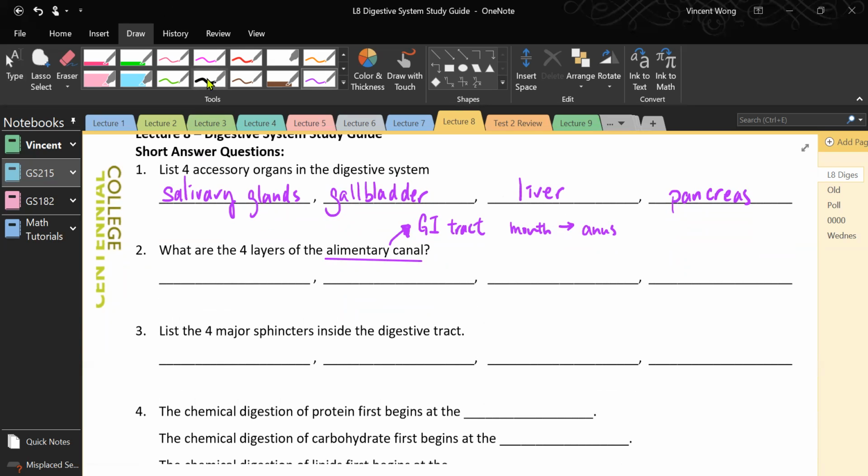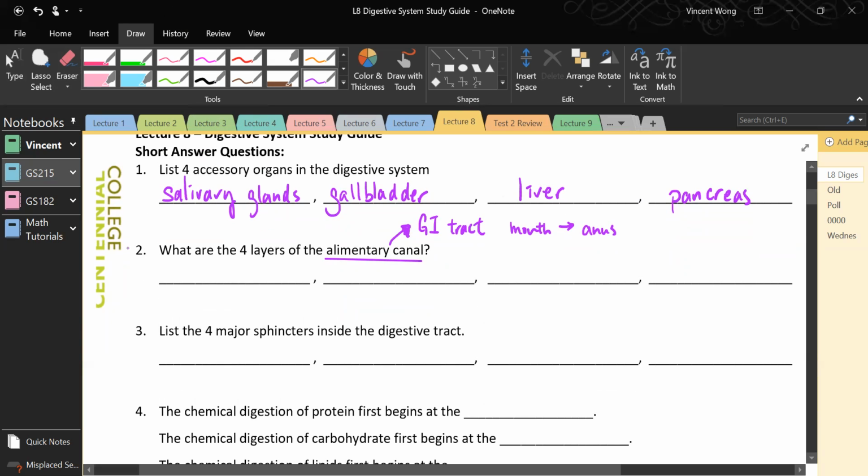And so starting with the most superficial layer, that is called the serosa. Serosa. One layer beneath the serosa is the muscularis.